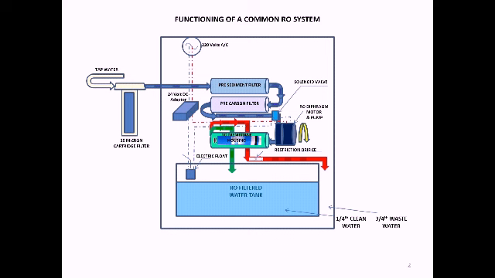Then this system works on household single phase power supply of 220 volts, as you can see in this schematic diagram, which is fed into the 24/36 volt DC adapter. Here in this schematic diagram I have shown a 24 volt DC adapter.